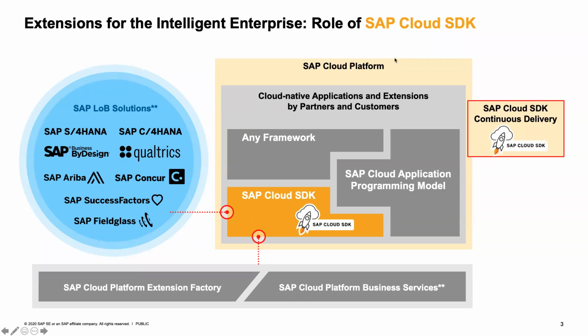If you have a look at the right, you see the third component of the Cloud SDK, which is a toolkit for continuous delivery, which will allow you to deploy your cloud applications with a very high degree of automation, so that you have a reproducible, fast, and easily set up build process. These are basically the three components of Cloud SDK.